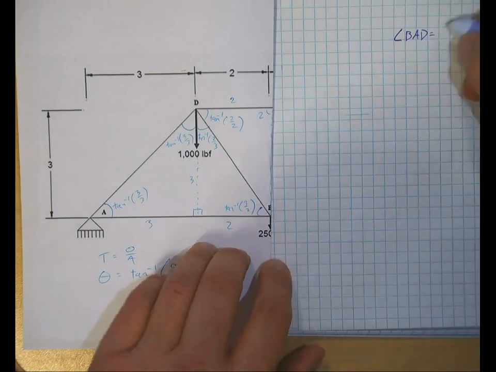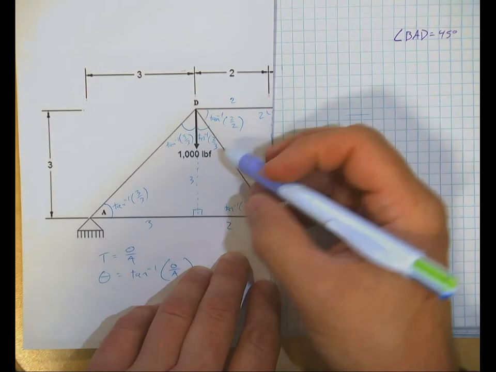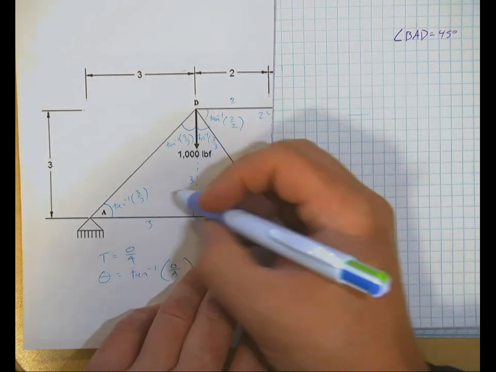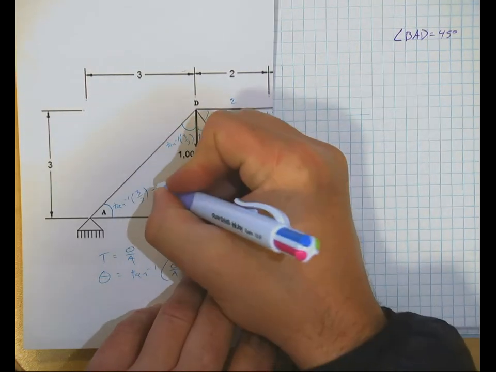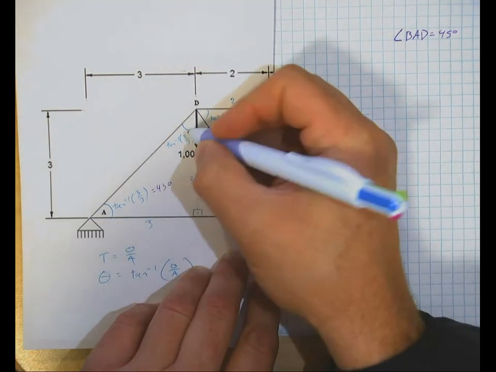We have 45 degrees. As soon as I know that BAD is 45 degrees, I know that this angle up here is 45 degrees.